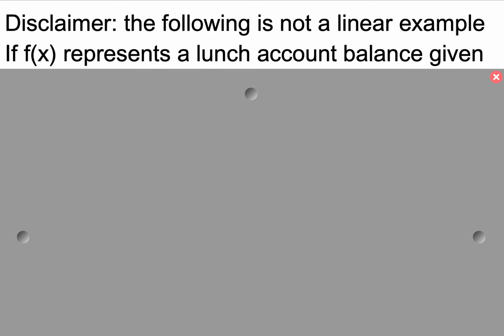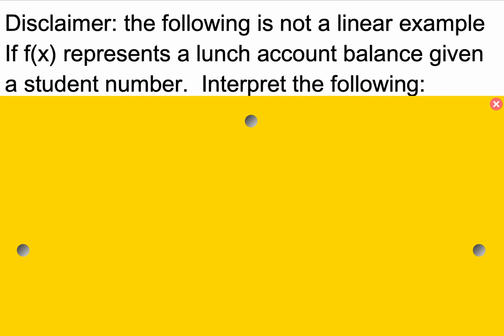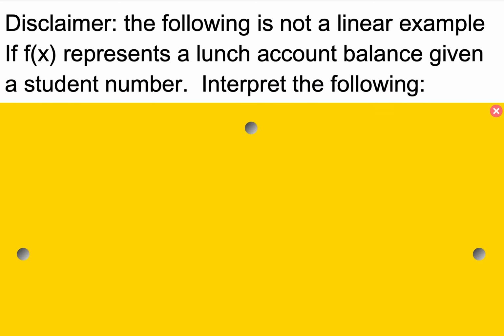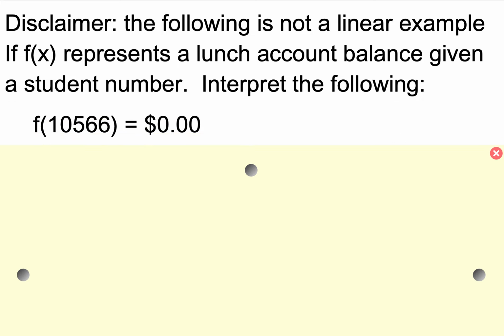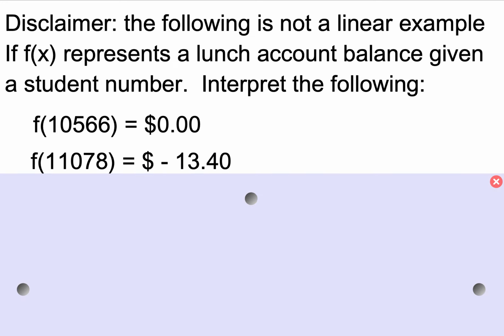Okay, this following example is not linear, but it gets an idea across. If f of x represents a lunch account balance, given the student number, interpret the following. F of 10566 equals $0. Well, that means the student that has the student number 10566 has a lunch balance of $0.